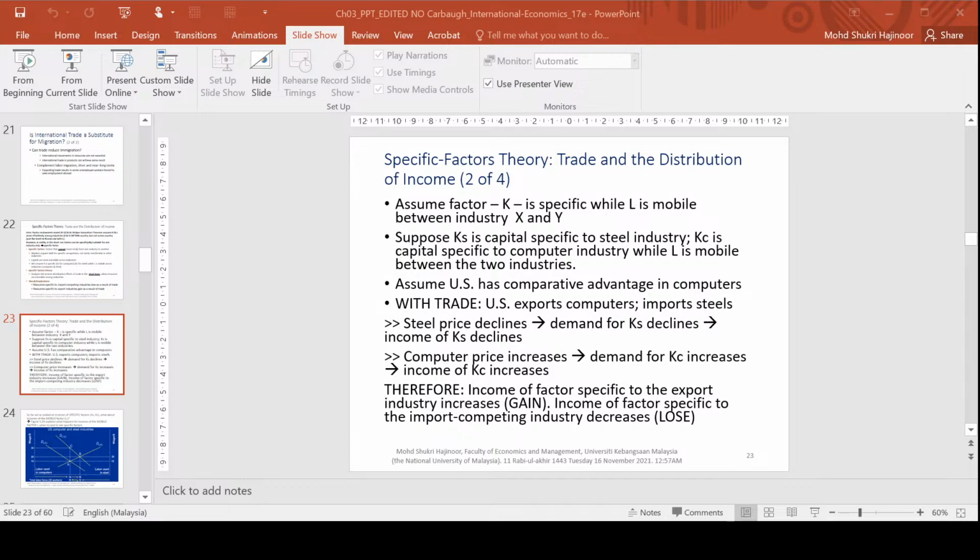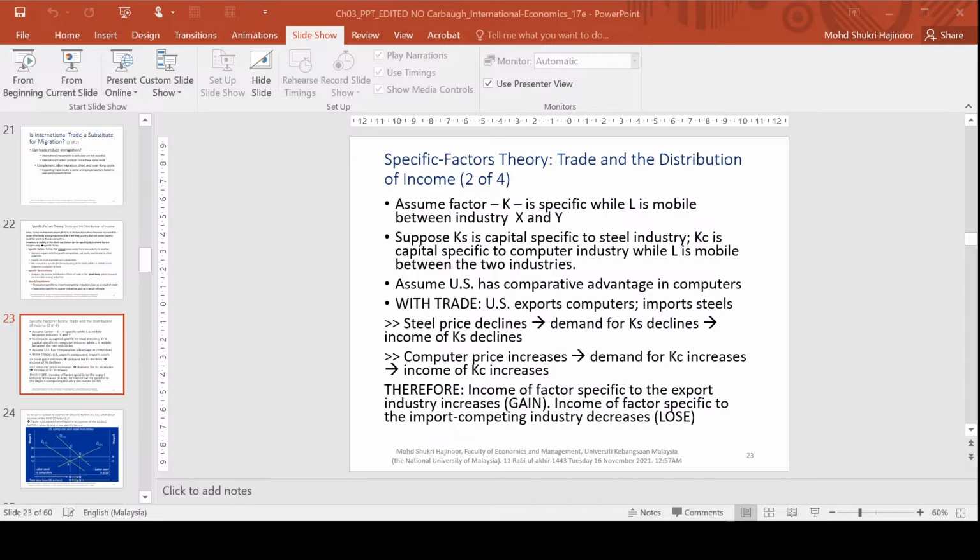I go back to the first bullet. If laborers in the United States are crazy about buying steel, which the United States imports, whose price has decreased because of international trade, because the United States can buy cheaper from overseas, L will gain from trade.